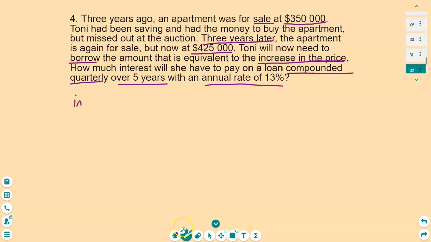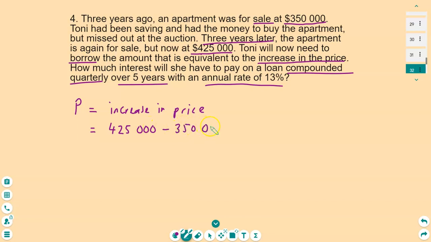So she needs to borrow that amount, so the principal equals the increase in price. Now, what is that increase in price? Feel free to pause the video and reread it. 3 years ago, the apartment was for sale for $350,000, but 3 years later, it's set for sale at $425,000. So it's just that difference.